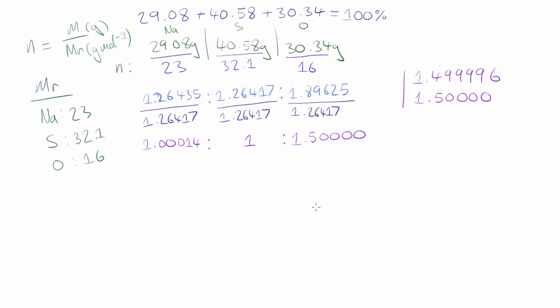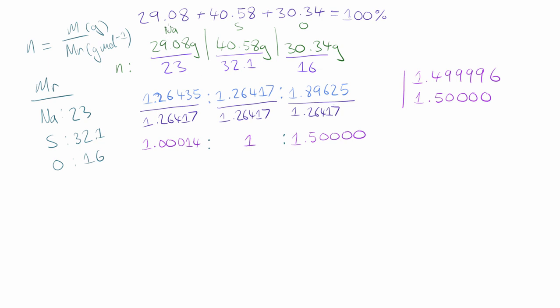So at the moment, what we can see just from visual inspection is that, if we look over at the ratio, the moles corresponding to the sulfur is a whole number. For the sulfur, it's 1.